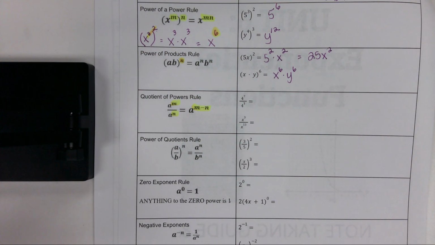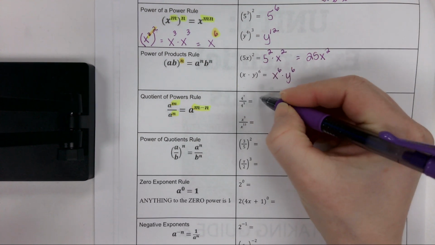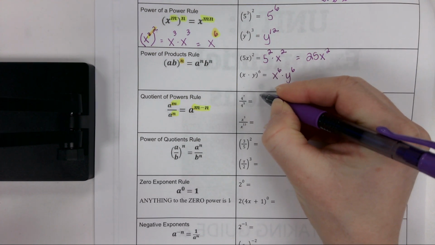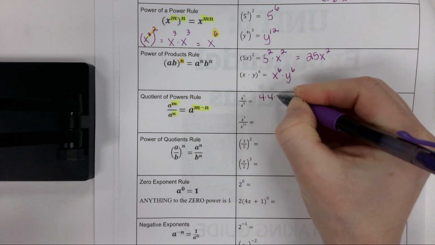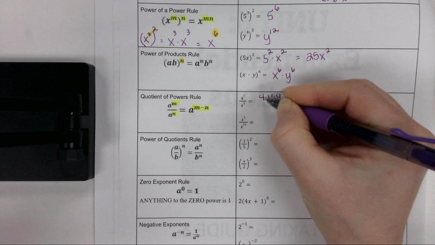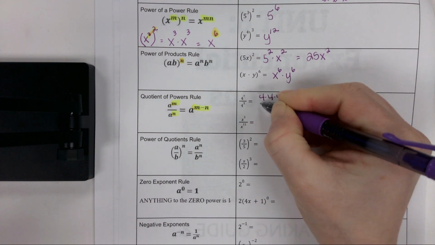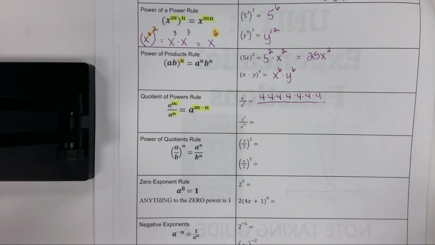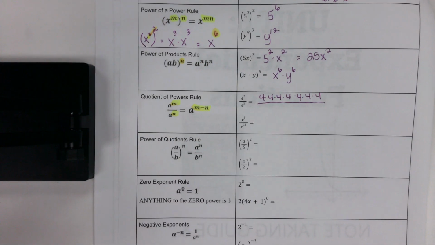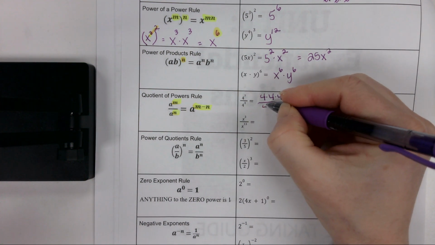All right. If you want, I can show you the long way. 4 to the 7th means 1, 2, 3, 4, 5, 6, 7. What would I have on the bottom? 4 times 4 times 4.